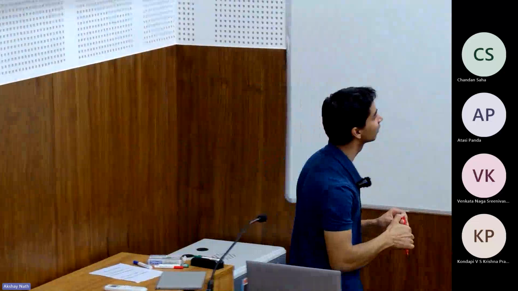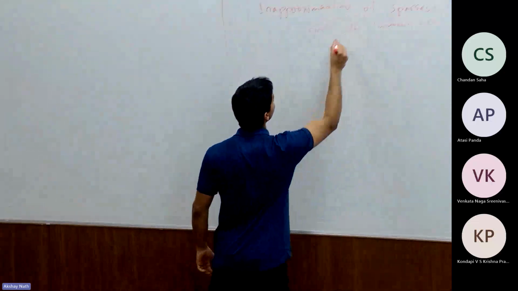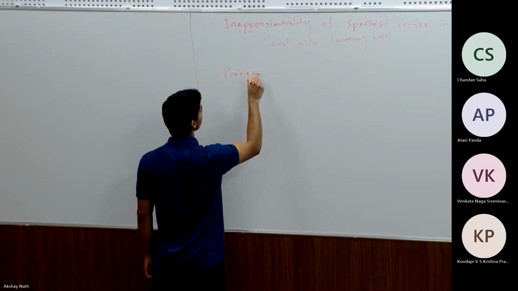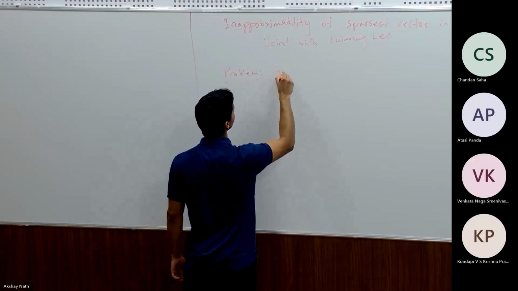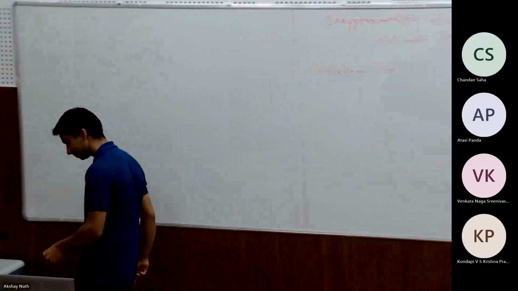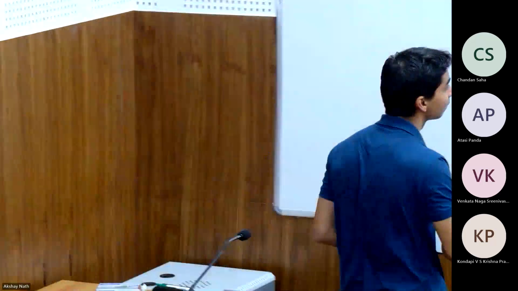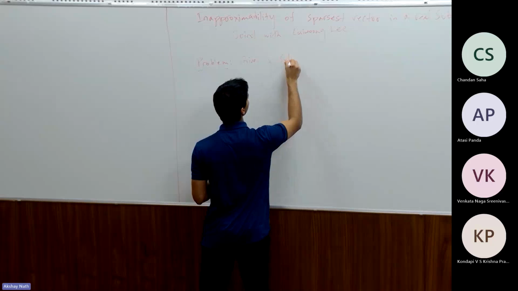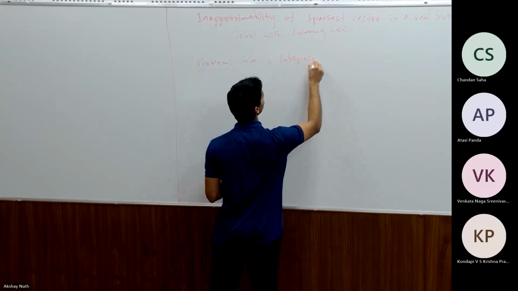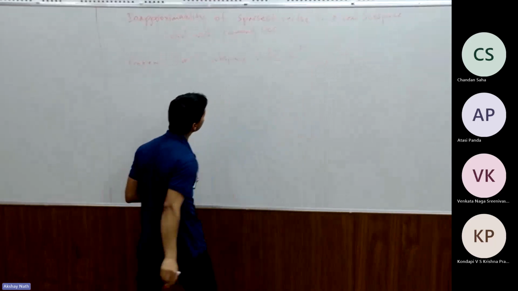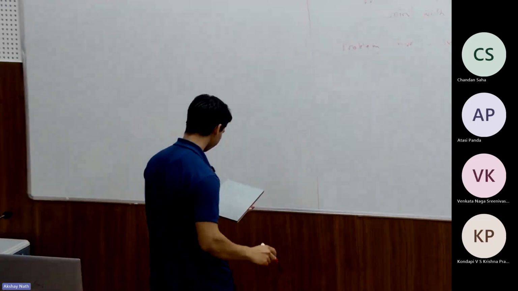Okay, so the formal statement of the problem is the following. This is an optimization problem. Given a subspace V over n-dimensional reals, n-dimensional Euclidean space.